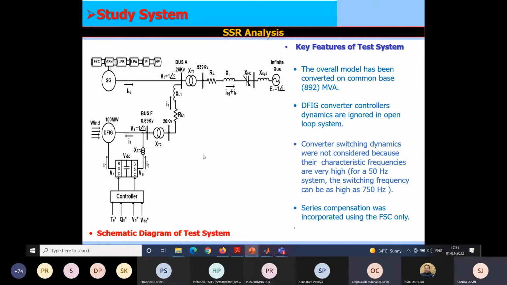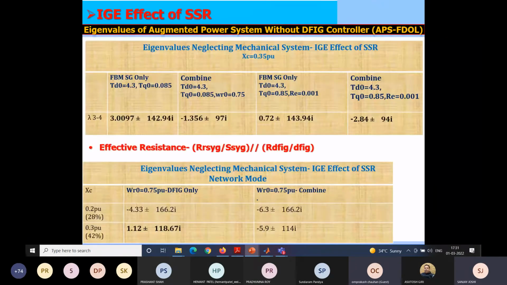So the conclusion is that in a proper way, if we connect the renewable energy source, it can help to stabilize the SSR modes of the existing system. I hope the point is clear.